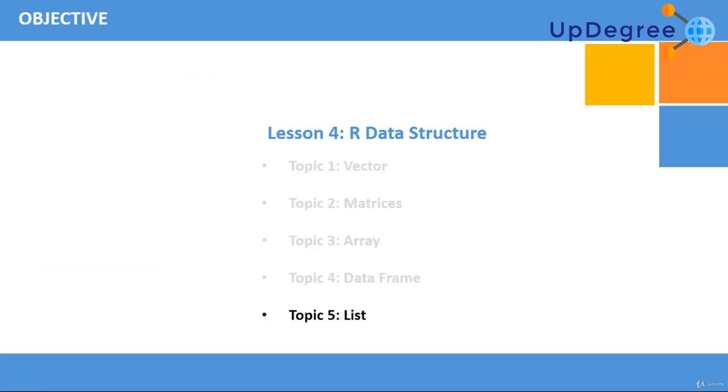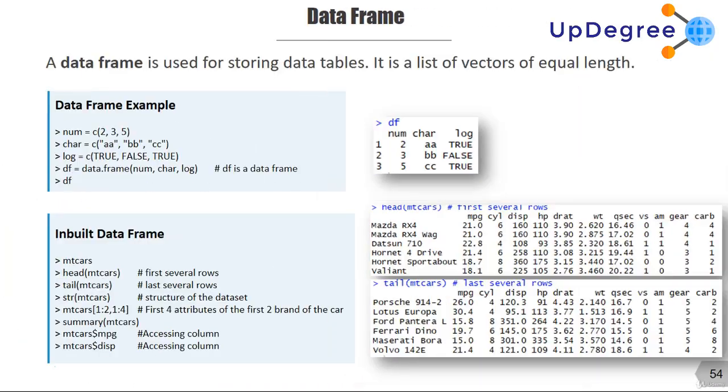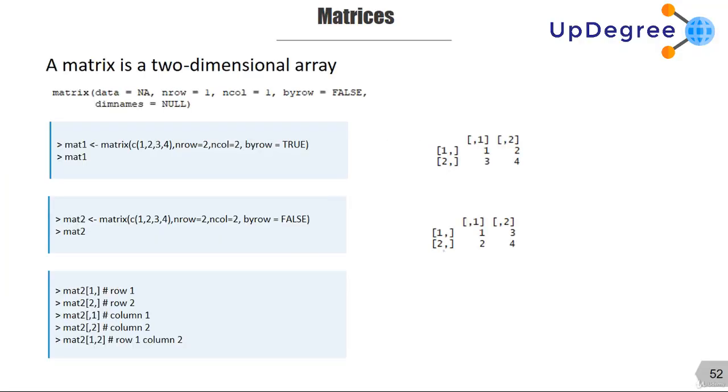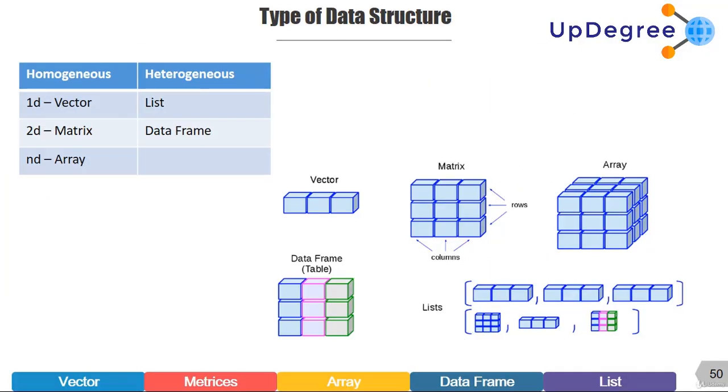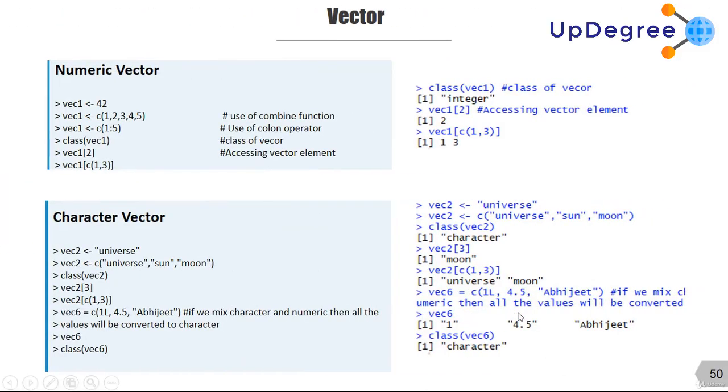If you remember what we discussed, we started with vector, then after vector we learned the two-dimensional array, which is matrix, then we learned about the n-dimensional array, which is array, and those were homogeneous. But then we learned about data frame, which is most commonly used, and then list. Vector is one-dimensional.